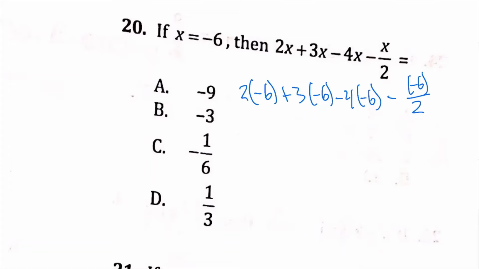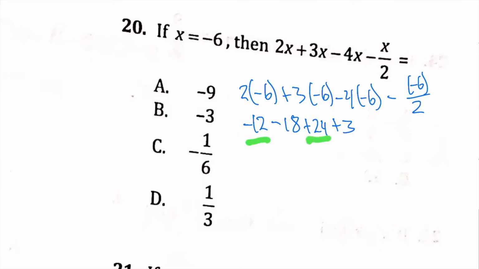So 2 times -6 is just -12. 3 times -6 is -18. -4 times -6 is positive 24. Negative times a negative is just positive 3. 6 divided by 2. So now you have here, right, a negative.